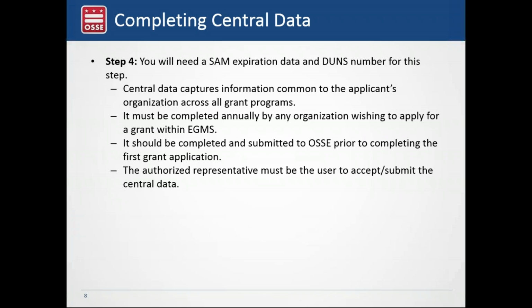You don't want to apply for the grant, receive it, and then be waiting for those things, holding up your payments if you win the grant. So if you're applying for a grant with OSSI, go ahead and start the process for getting the SAM expiration date and DUNS number. Most of your organizations will already have it, especially if you've had a grant with OSSI before.